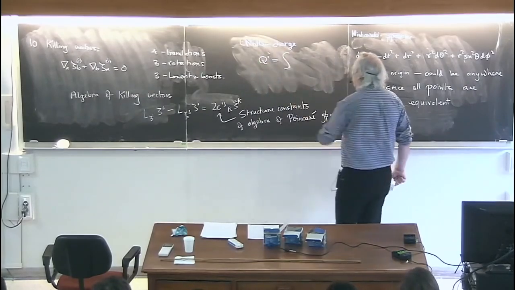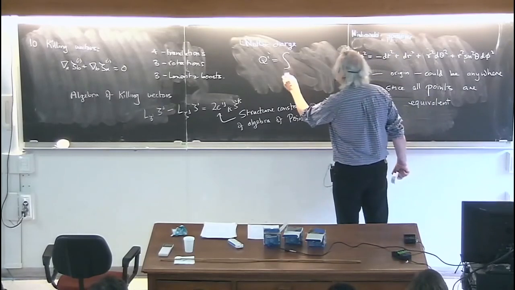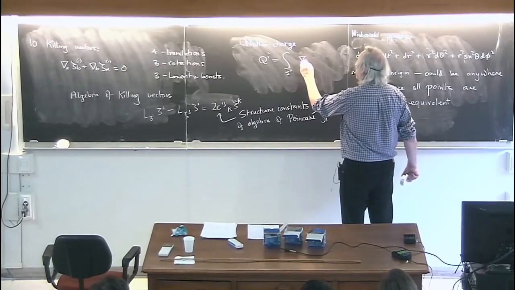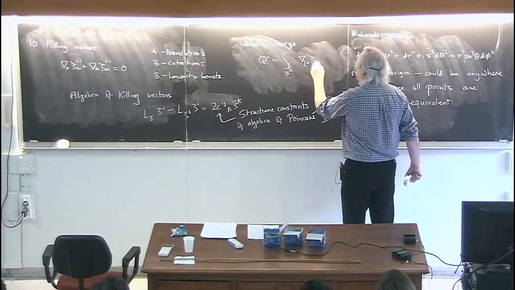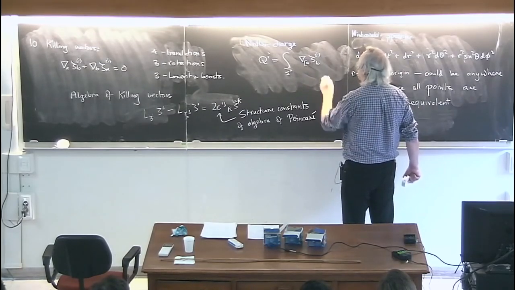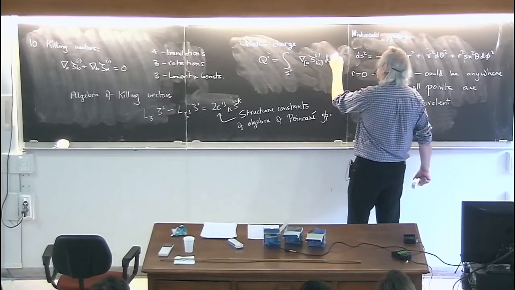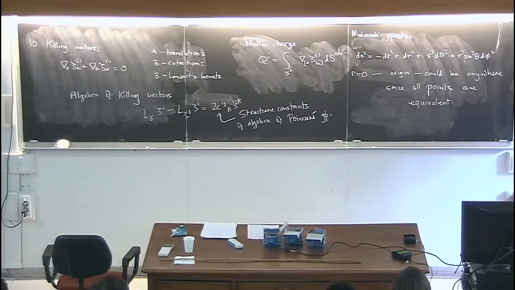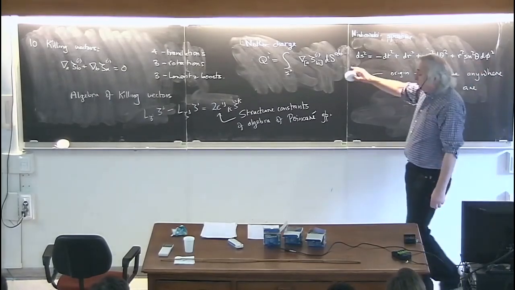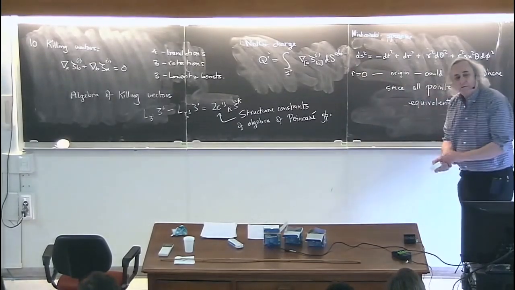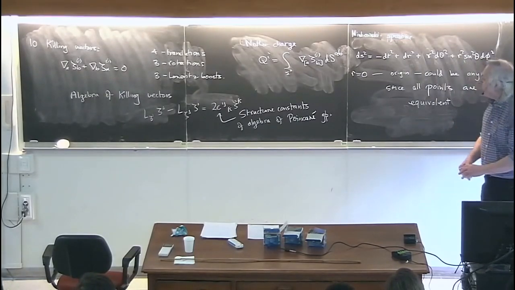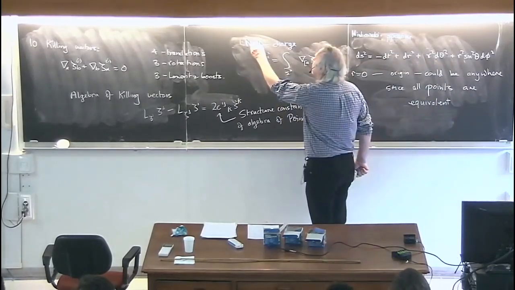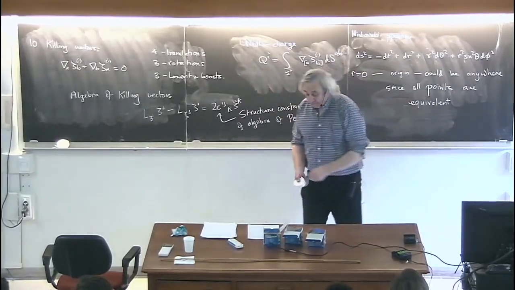That will be the integral over some 2 surface of something like del A psi b for the ith object, anti-symmetrized. I haven't specified what this 2 surface is yet, but you need to determine which 2 surface is going to be relevant for determining what these charges actually are. So that's a common theme associated with all symmetries.